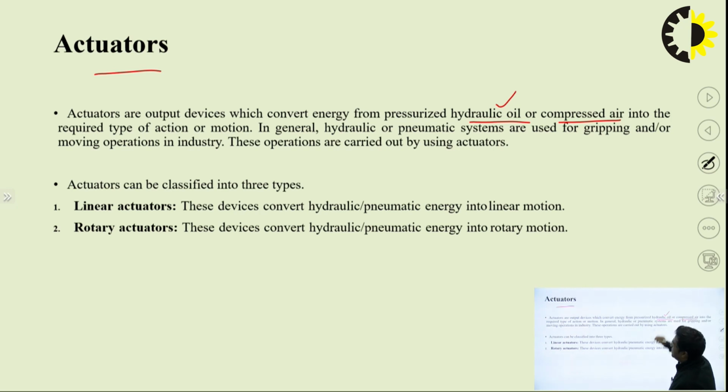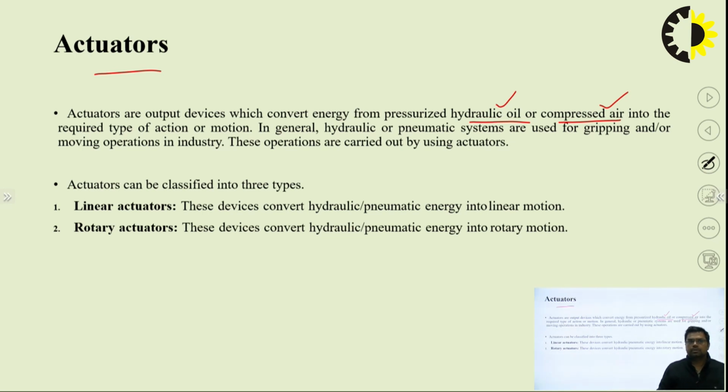With hydraulic oil, hydraulic pressure and energy will be used, and if we talk about compressed air, a pneumatic system will be used. Based upon this pressure and energy, they are responsible for the movement of actions or motions.